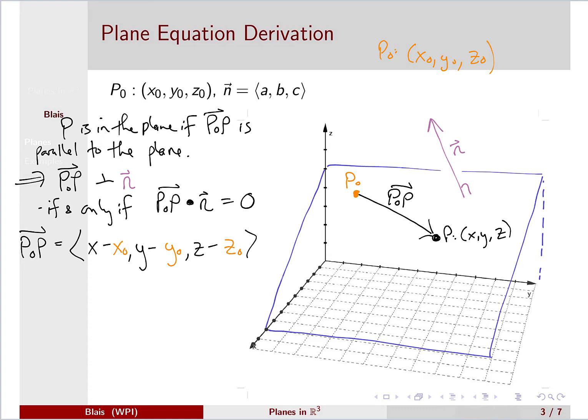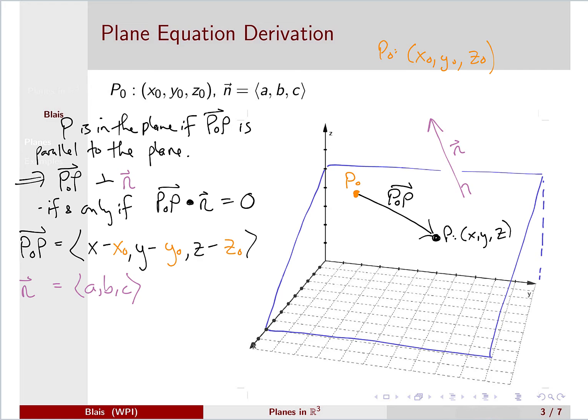N we had written as the vector a, b, c. And now putting these two together, we have our dot product result, and we substitute these in.